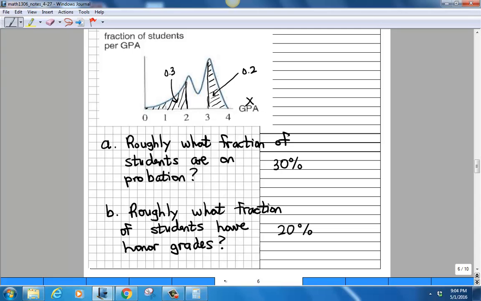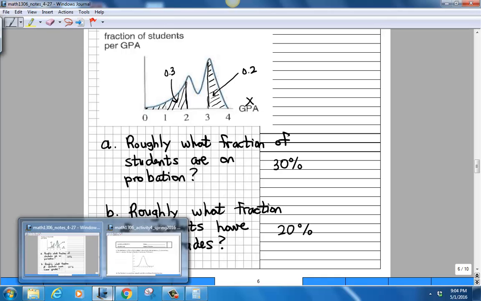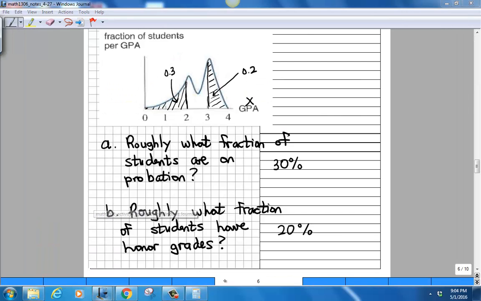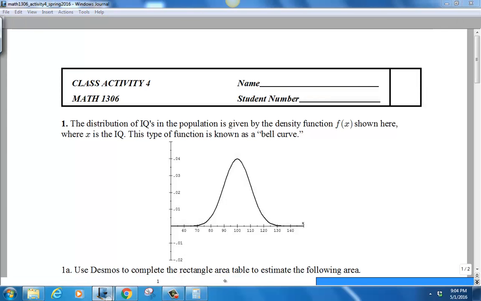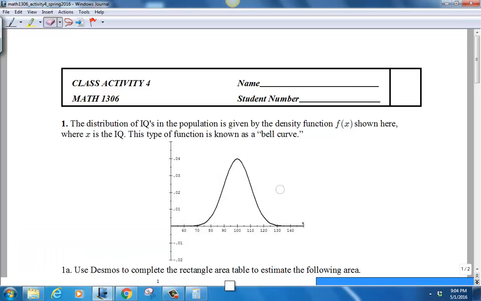So that gives you a rough idea of how density functions are used. Let's look now at a case where we can calculate the area beneath the density function a little bit more accurately, by looking at your extra credit homework assignment. Here it is.